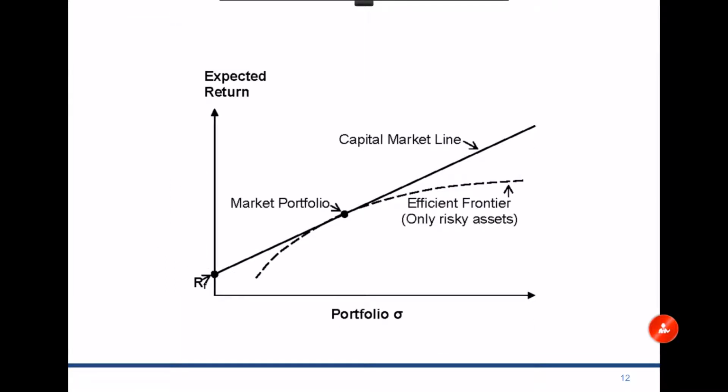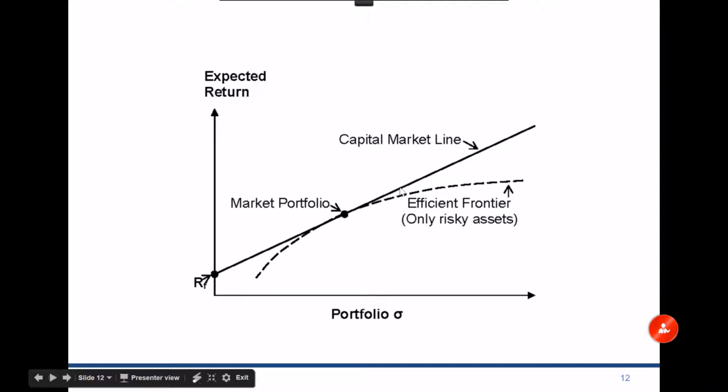Okay. So this straight line is the capital market line. This is the efficient frontier that we can generate only with risky assets. And if we have a risk-free asset, it is the global minimum variance portfolio, and we get this line. This is the best we can do. This is the efficient frontier with the risk-free asset. So this is the efficient frontier only with risky assets, and this is the efficient frontier with risky assets plus the risk-free asset.